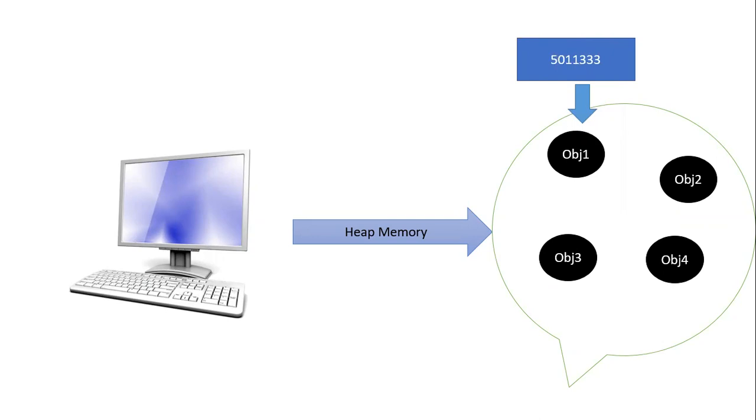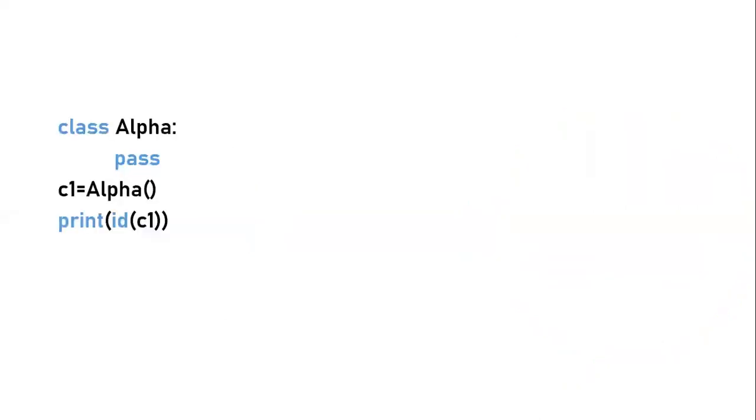Every time you create and rerun an object, a new address is allocated. So in this code, if we have a class Alpha and we print the ID of the object C1, that is the object of the class Alpha, then it will print some address.